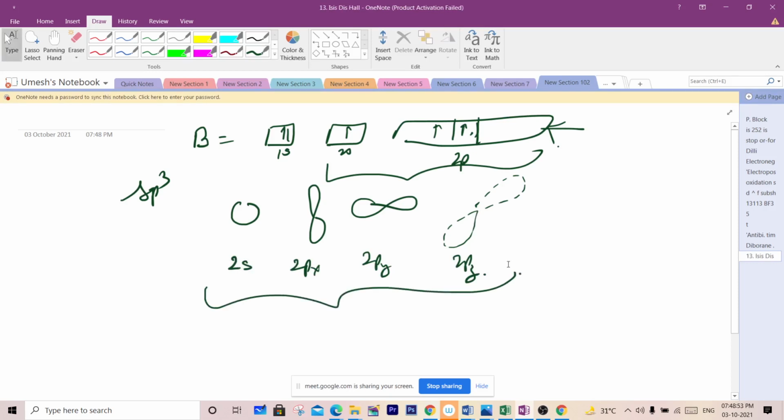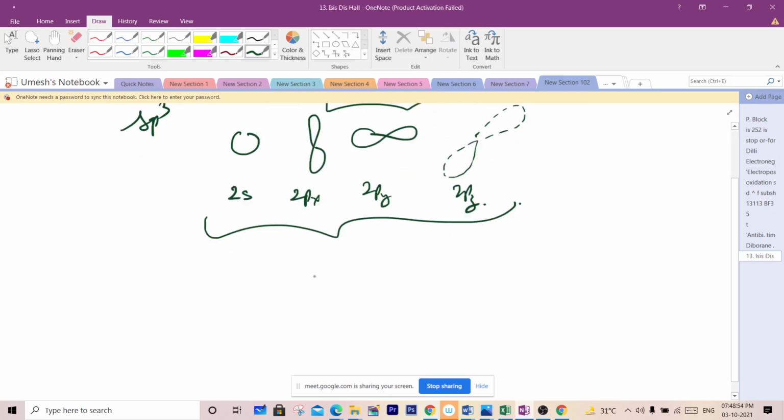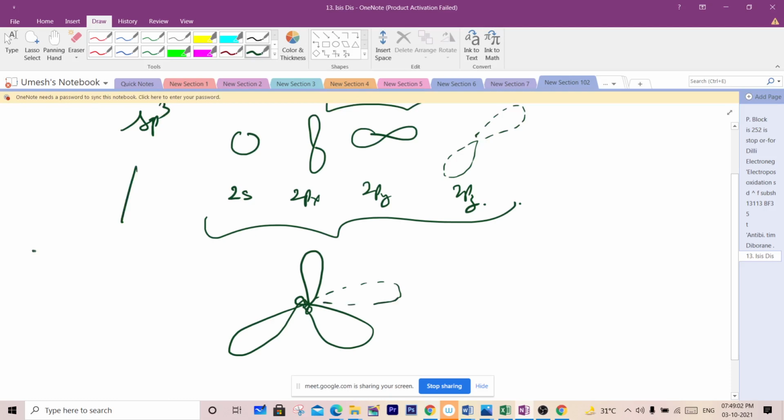After intermixing, we'll get here 1, 2, 3, and one empty orbital. Like in sp3, we have a tetrahedral geometry. So the boron is here with one empty orbital. All of these are sp3 hybridized orbitals. But one sp3 does not have any electron.